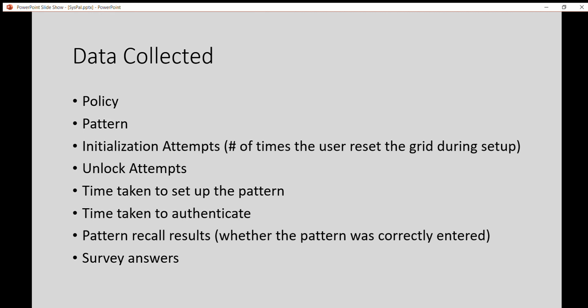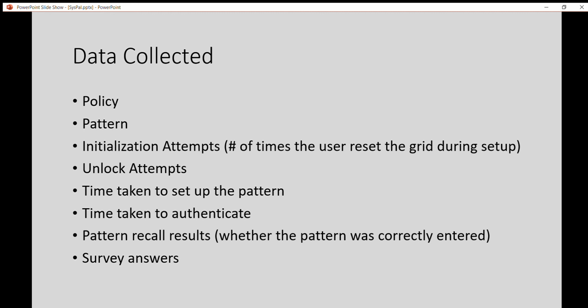So based on this initial study, the following data was collected. They collected the policy for each user, the pattern the user used, the number of initialization attempts, so the number of times the user reset the grid during setup, which they could choose to do before selecting a passcode. So for instance, if they were given 3 points for the 3-point system that they were not interested in using, they could reset the grid to get a different 3 points.